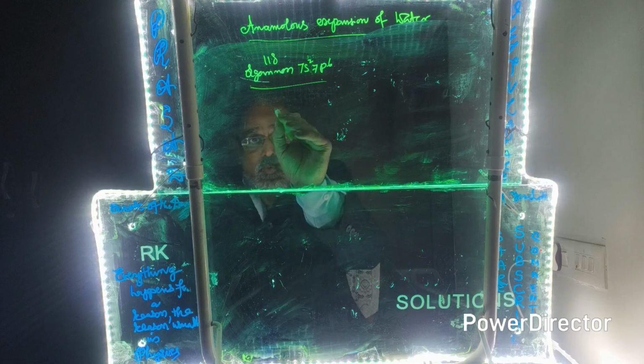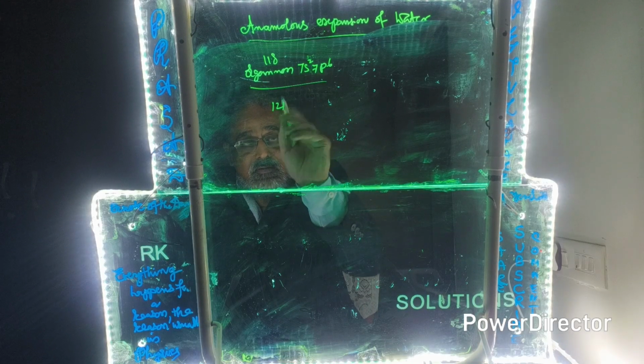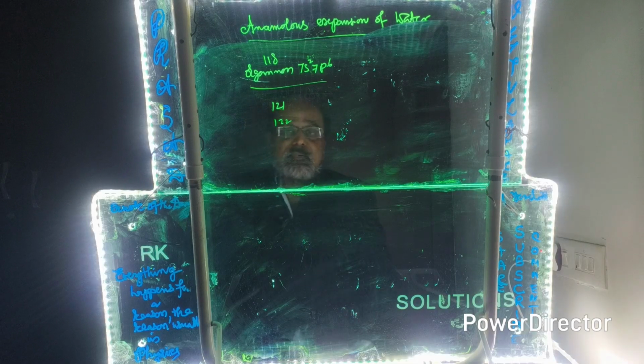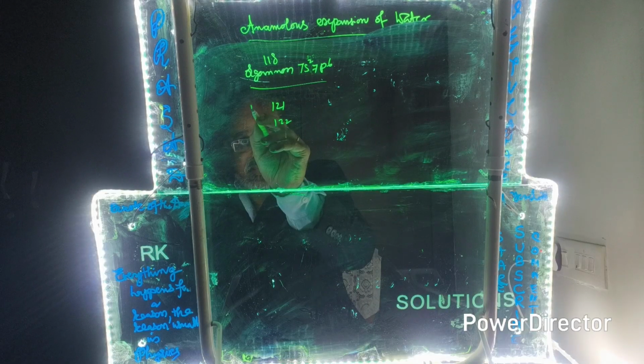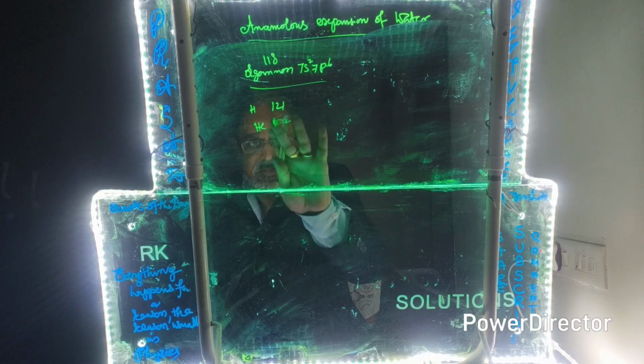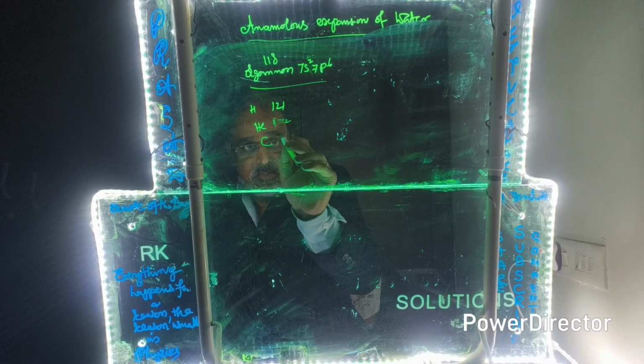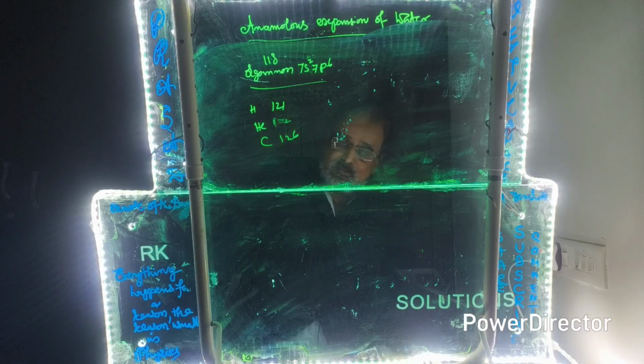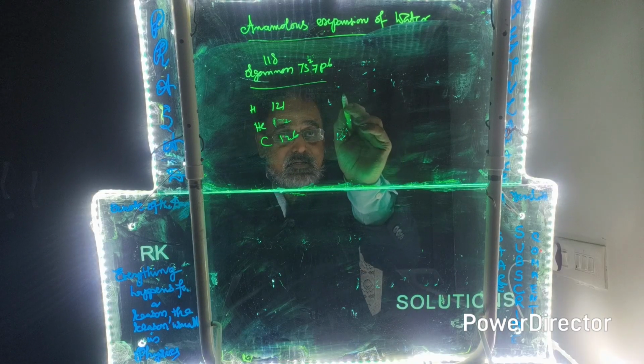The 118th element is this one. So if you want element 121 and 122, this is like hydrogen, this is like helium. Let's say carbon 126. Till 126 we want the methane.